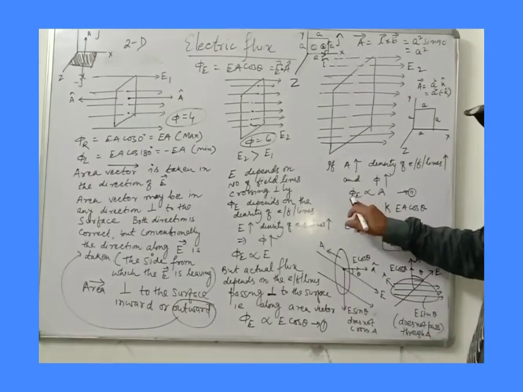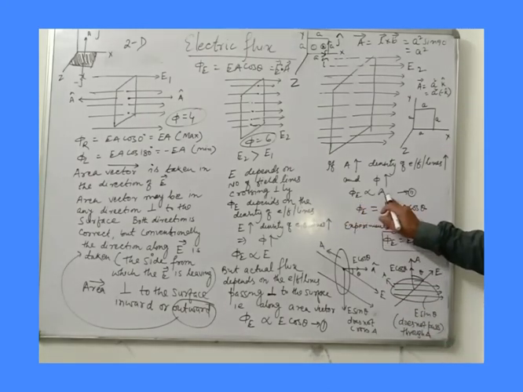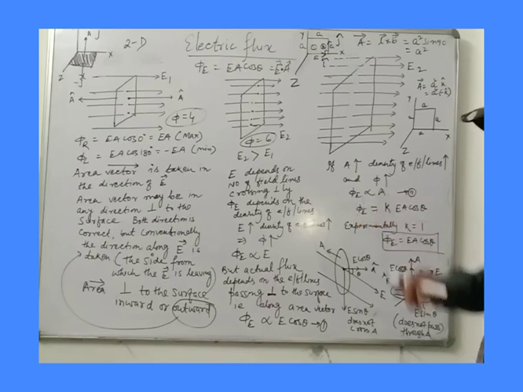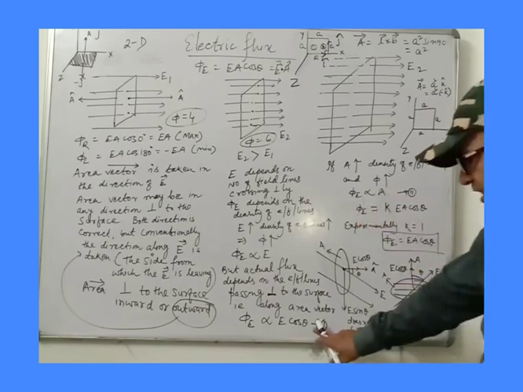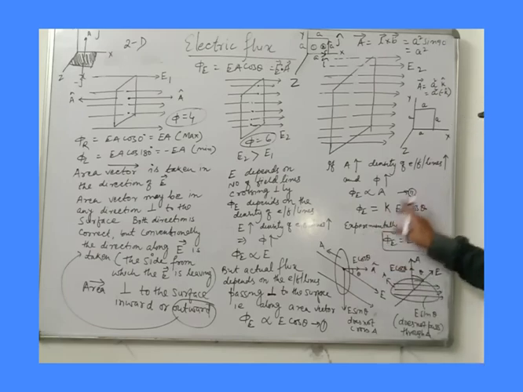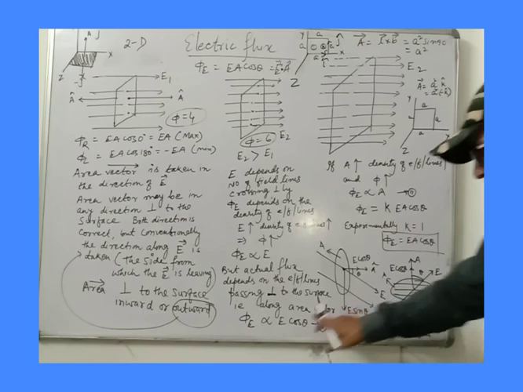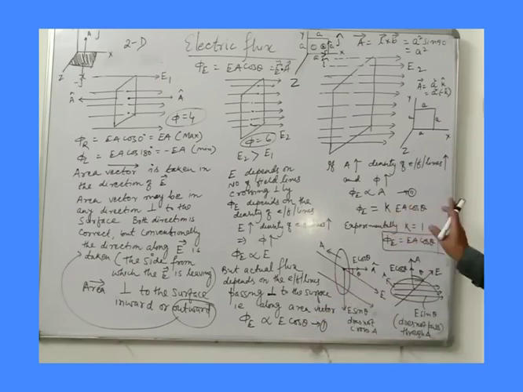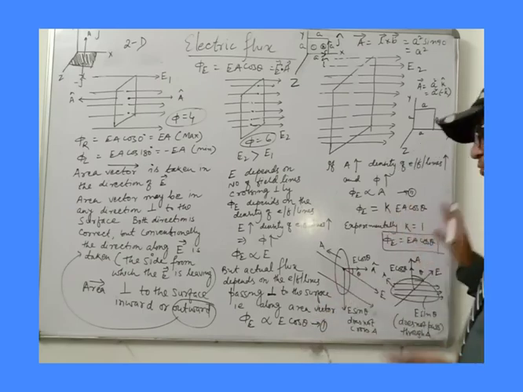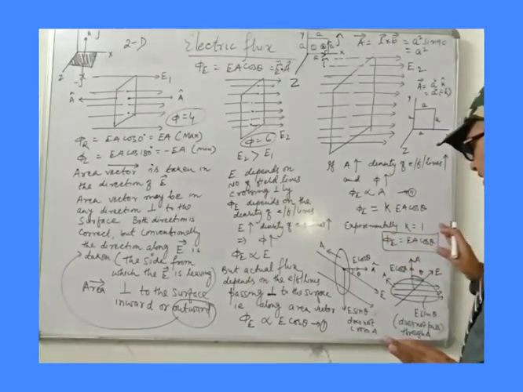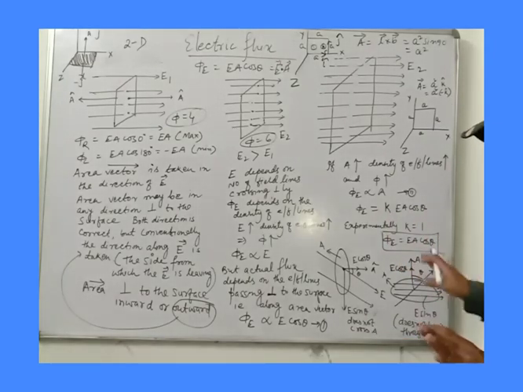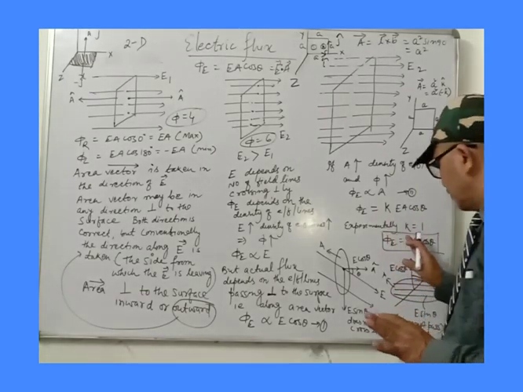So flux also depends on area. It is directly proportional to area. Okay. Now if you combine equation 1 and equation 2, what we get? Phi E equals K times EA cos theta, where K is found to be 1. Okay, it is an assumption. K found to be 1, and phi is equal to EA cos theta.